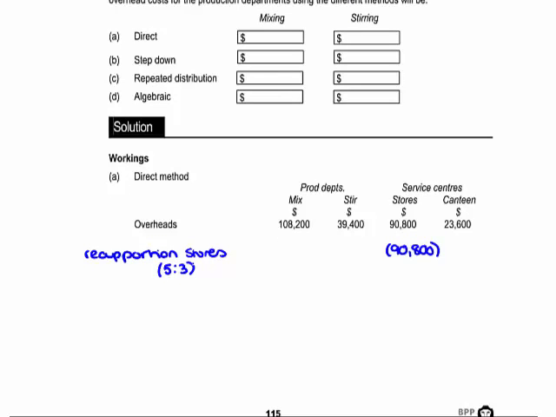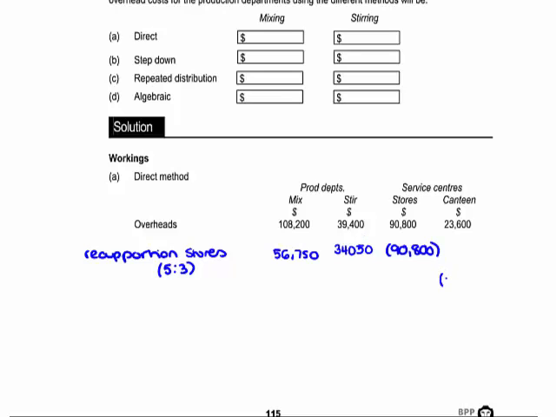So 5/8 then, or 62.5% of the store's work is done for the mixing department if we ignore the work done for the canteen. So that's 56,750, and 3/8 for the stirring department means that that's going to be 34,050.